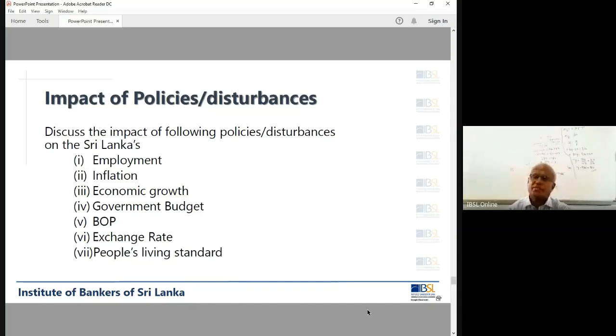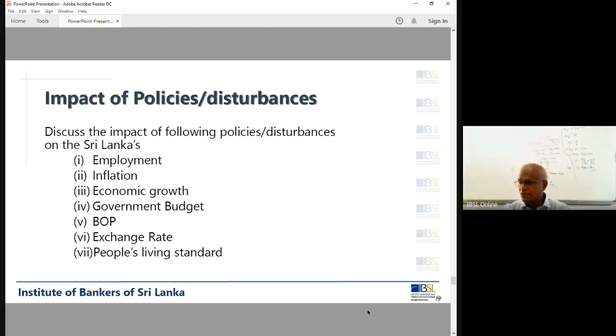Up to now we have discussed theoretical economics: demand curve, supply curve, indifference curve, then the market structure, MR, MC, profit maximization, output and price, then microeconomy, macroeconomy, IS-LM, national accounts, government budget. All are theoretical economics. Now, applied economics means how these theories are applicable to analyze the economy.